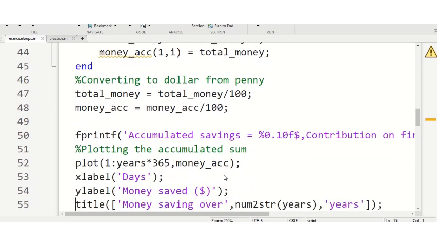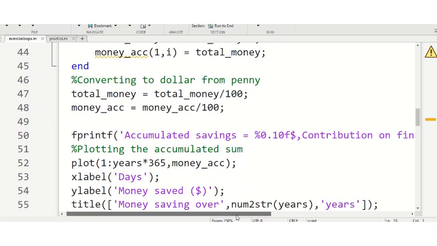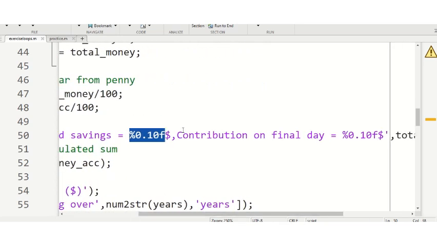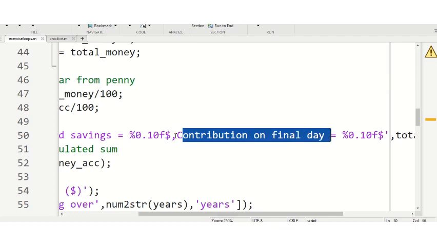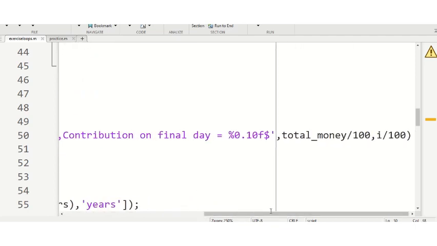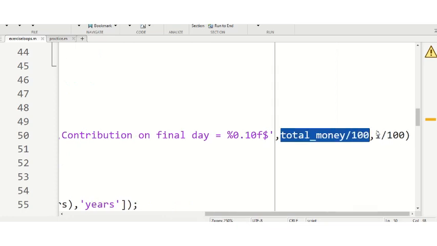In printf, what values do you have to show at the end? You have to show the total accumulated savings and the contribution on the final day as output. For the accumulated savings, that is total money by 100.